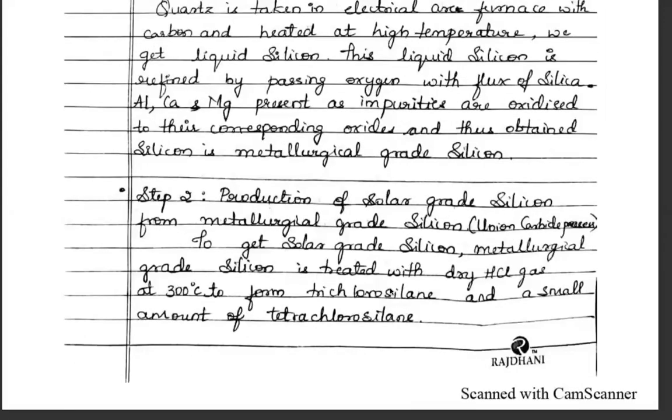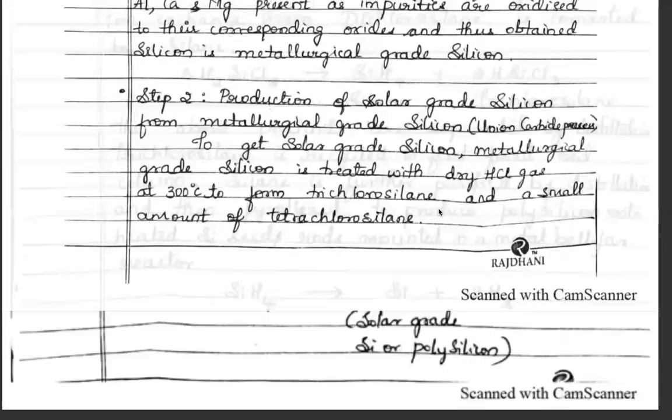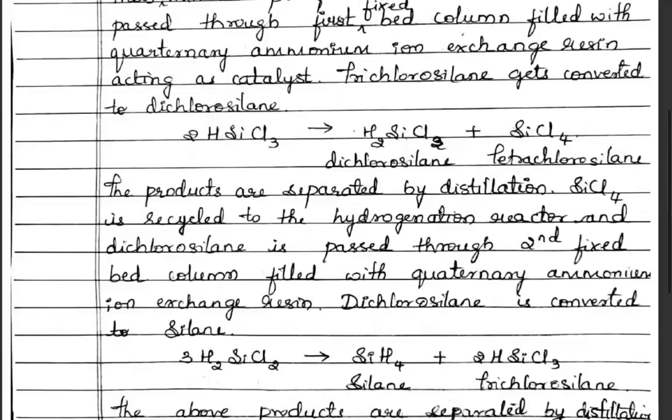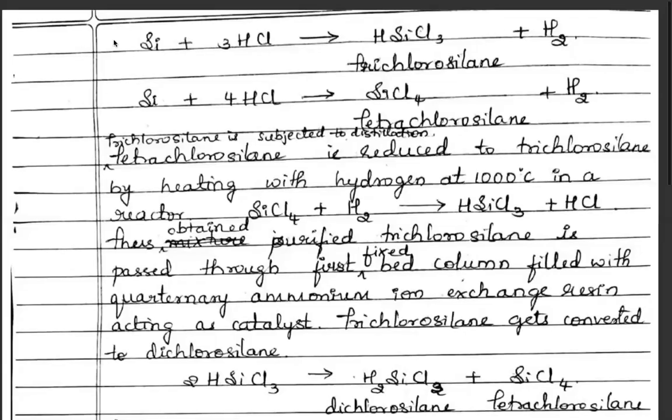Next, using metallurgical grade silicon, we are going to produce solar grade silicon. How? Take that metallurgical grade silicon and treat it with dry HCl gas at 300 degrees centigrade. We'll get two products: one is trichlorosilane, another is tetrachlorosilane.